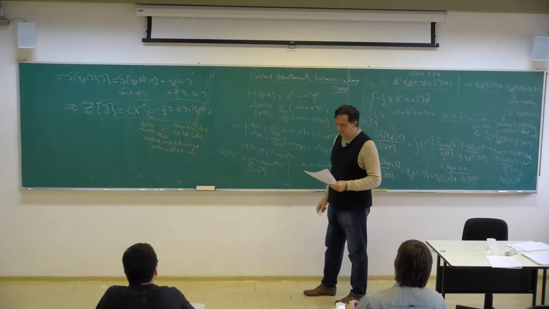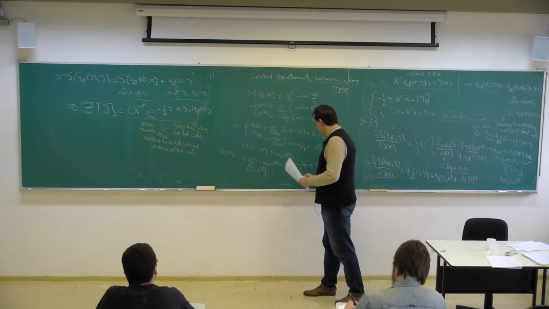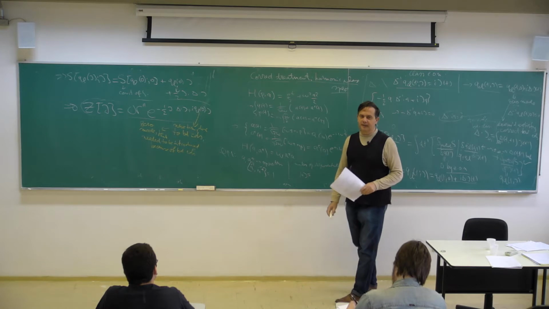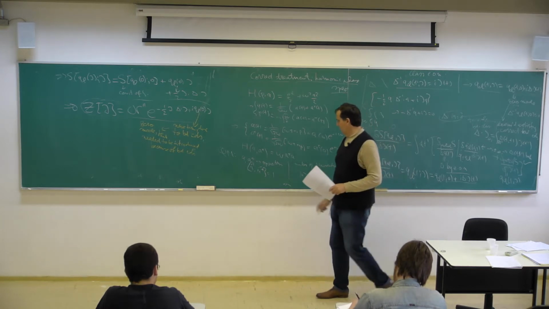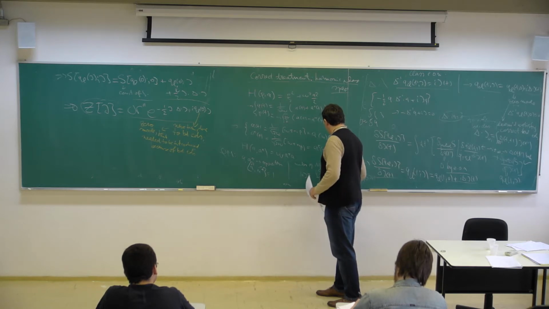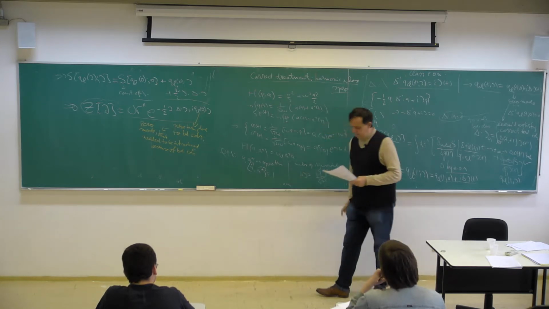Fock space would be in the case of several oscillators. So we had states that were obtained by acting with a dagger on a vacuum, right? So a dagger to the n over square root n factorial acting on a vacuum.